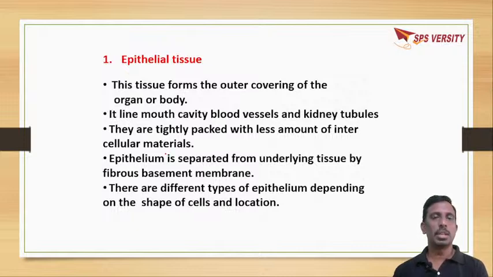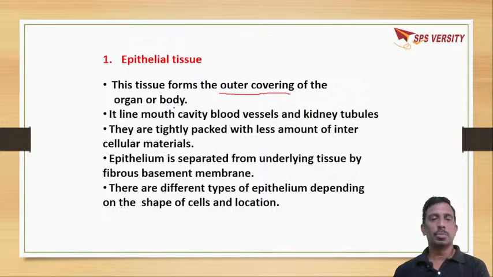When you come to epithelial tissue, epi means outer. So it will form the outer covering of the organs or body, like lining of mouth, blood vessels, kidneys. All this is done by epithelial tissue.